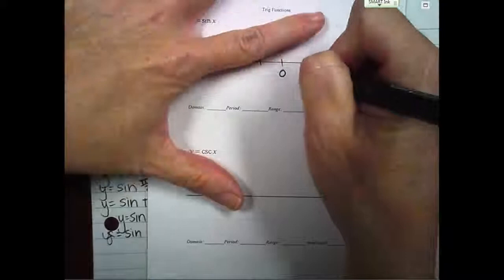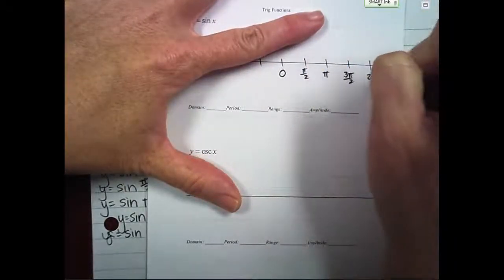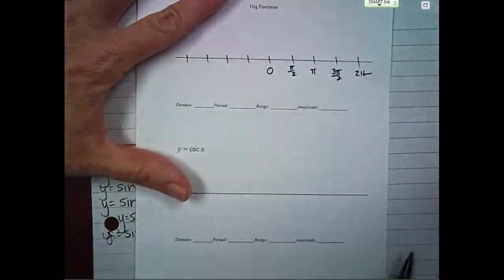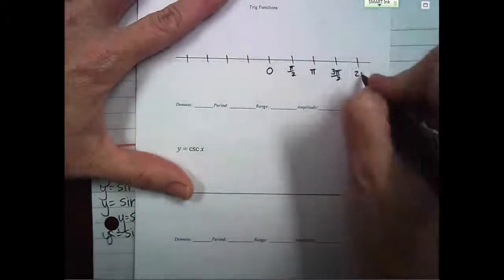Put in your 0 right in the middle. And which ways did we go? Remember, we stopped at every single quadrant. So just label the quadrants all the way out. What were they? Pi over 2? Yeah, label them all the way.